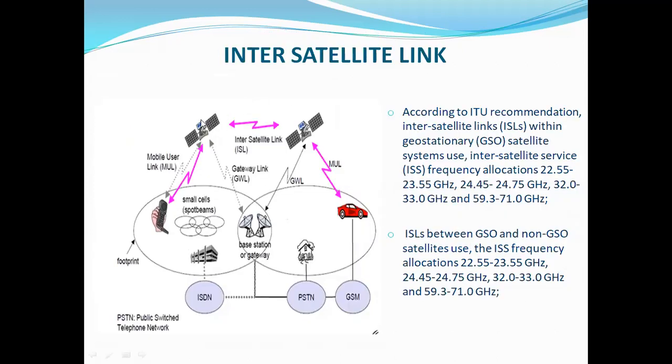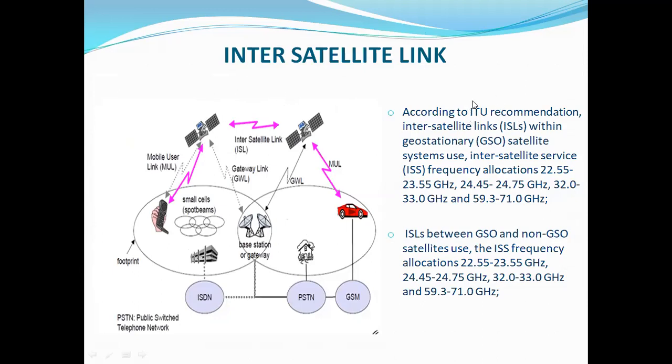Inter-satellite link is basically the link between two satellites. It can be between a geostationary satellite and a low Earth orbit satellite, or even between two geostationary satellites.